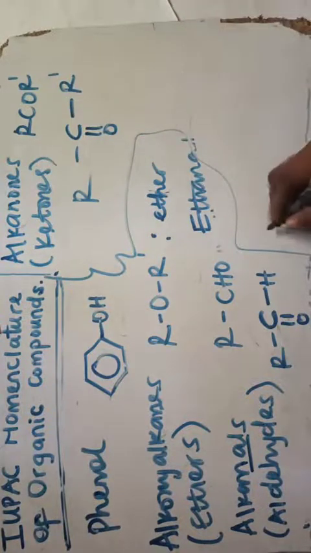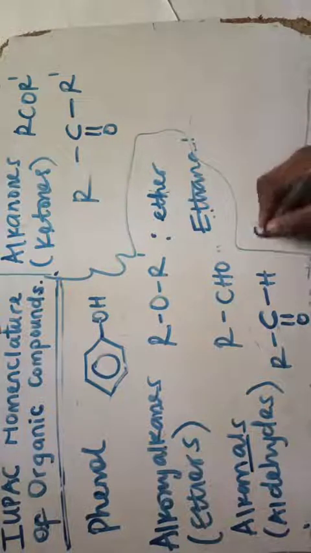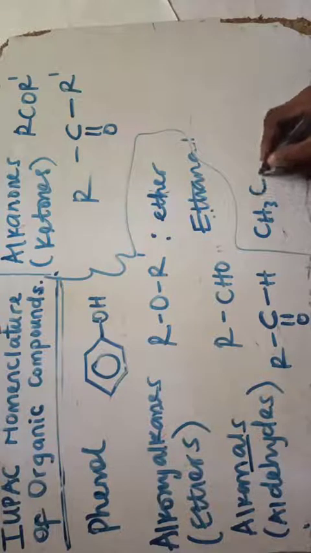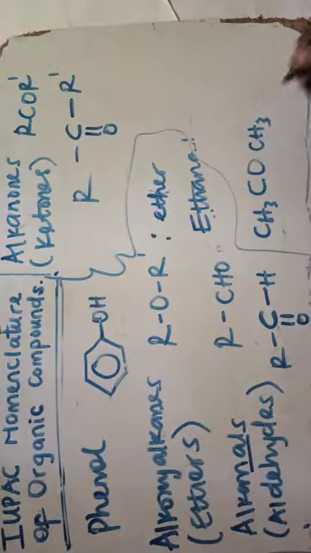So let's say I have CH3, I have my CO, and I also have CH3. So I can simply have C3H6O.